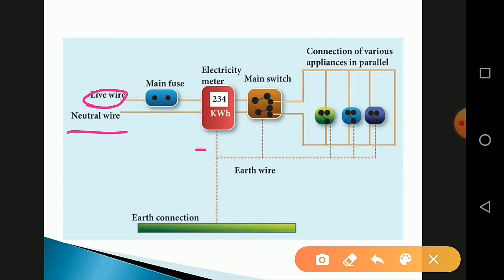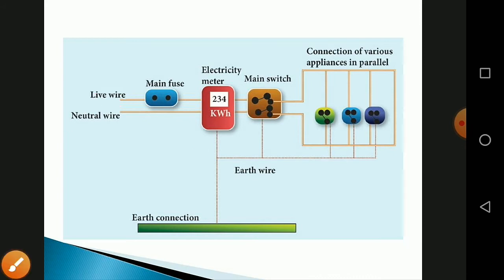It should be noted that all the circuits in a house are connected in parallel, so that the disconnection of one circuit does not affect the other circuits. One more advantage of the parallel connection of circuits is that each electrical appliance gets an equal voltage.